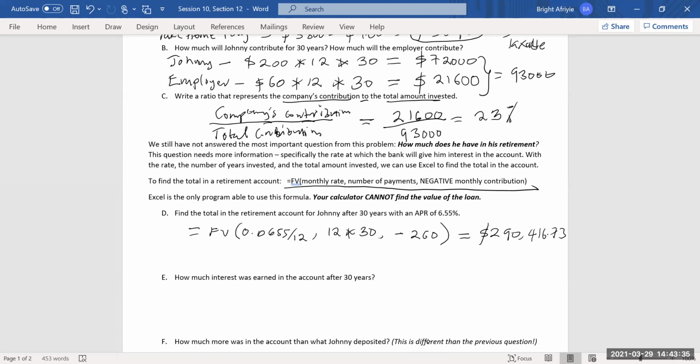So now, if you want to know how much interest is in the account, we look at E. Now, this is the balance after 30 years. So you're going to do the balance after 30 years, 0.73, minus the total contribution that went into his account, which is 93,000. And that will be the interest at the end of the day.